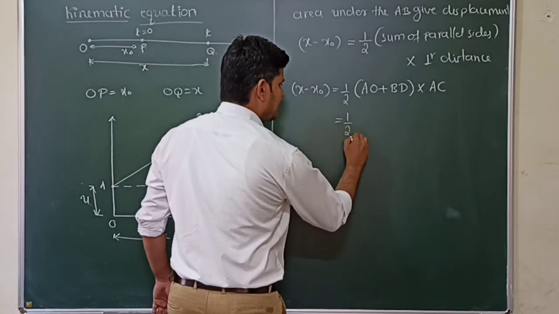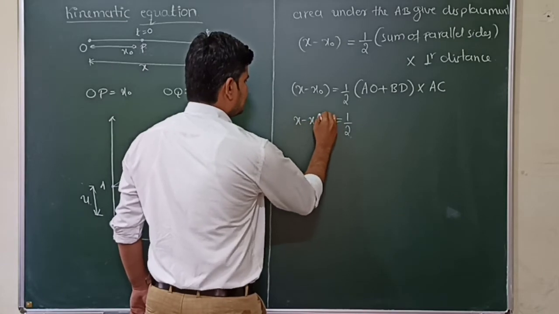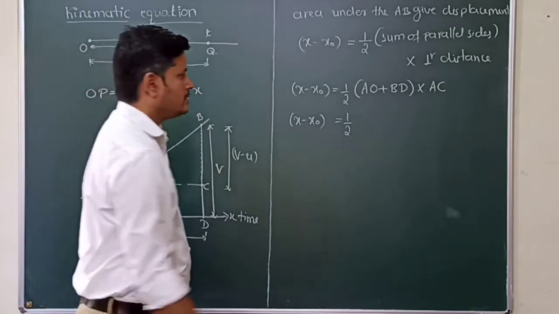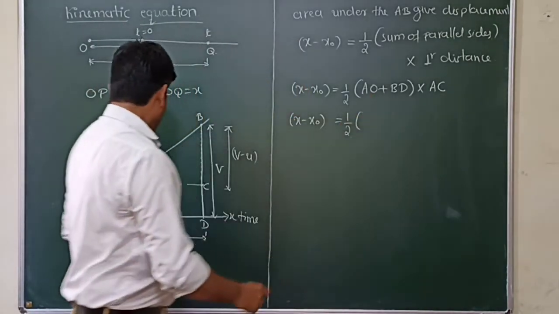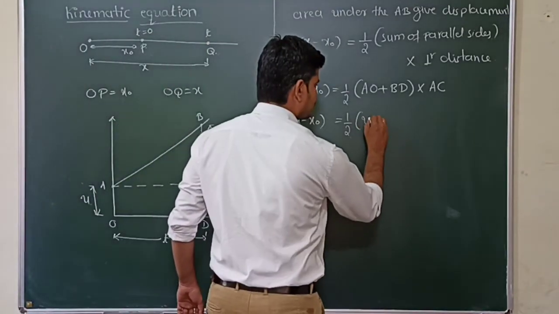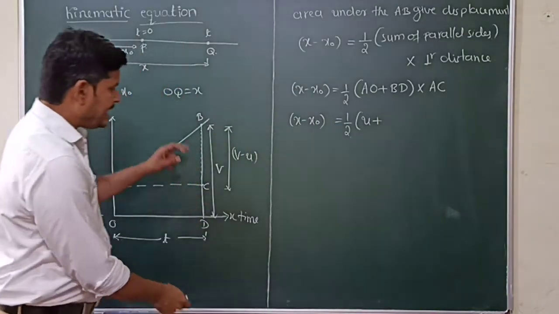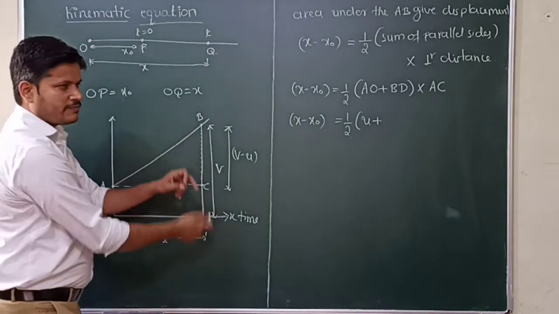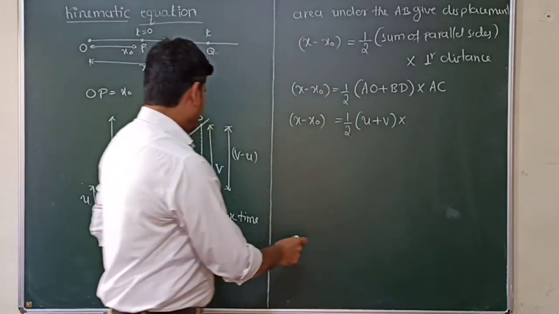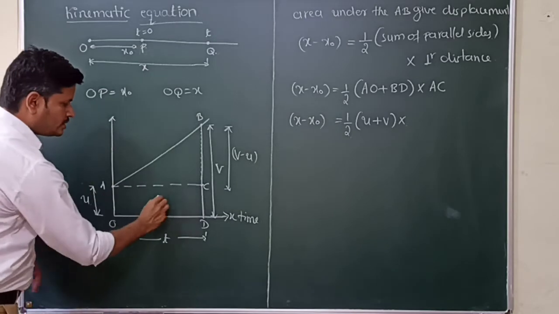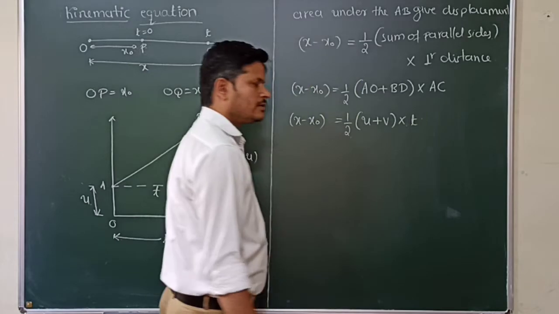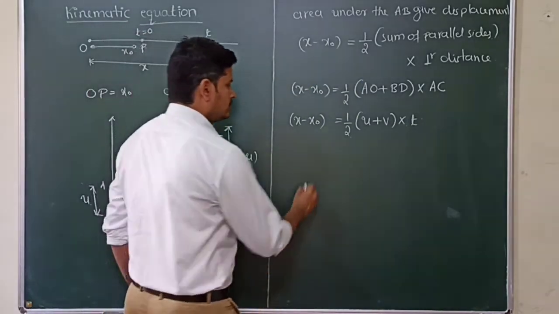Now 1 divided by 2, x minus x naught, this is the displacement, into OA, which is the initial velocity u, plus BD, the final velocity v, into the perpendicular distance, which is the time taken t.